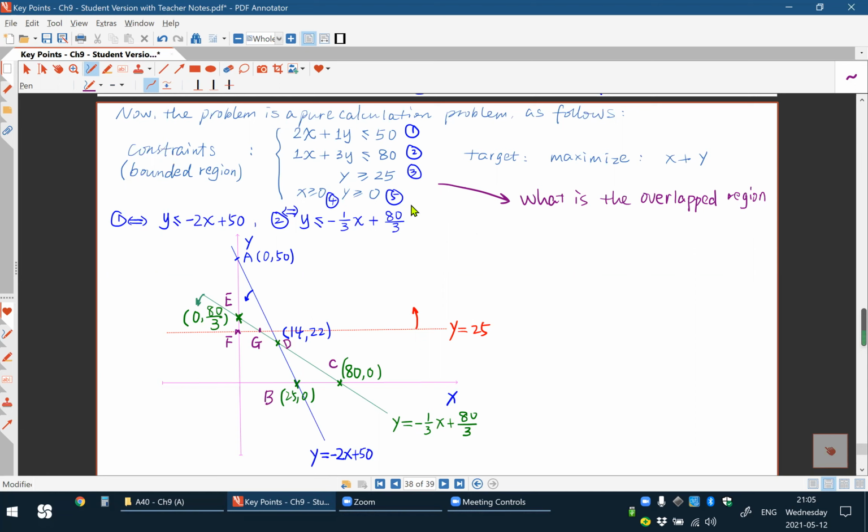Considering 1, 2, 3, 4, 5. What is the overlapped region?